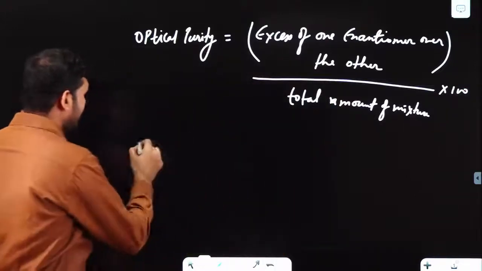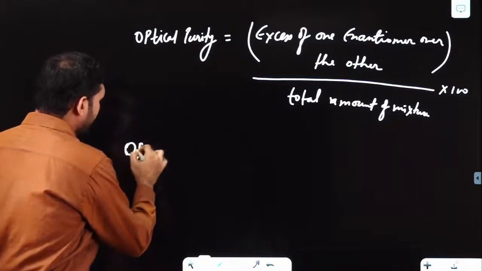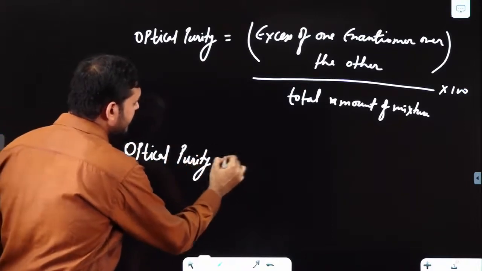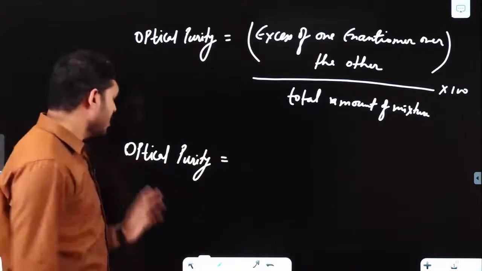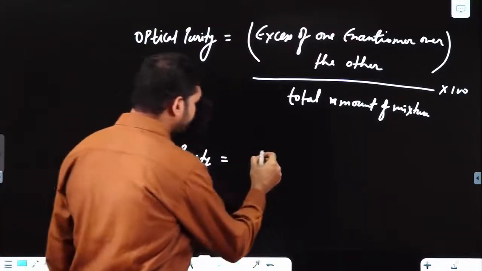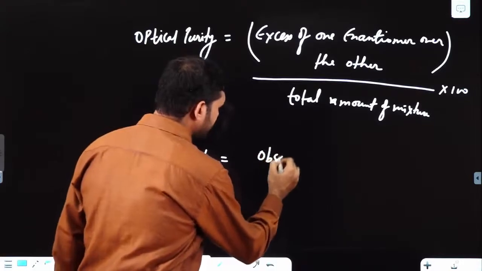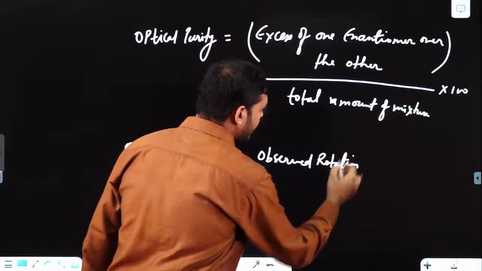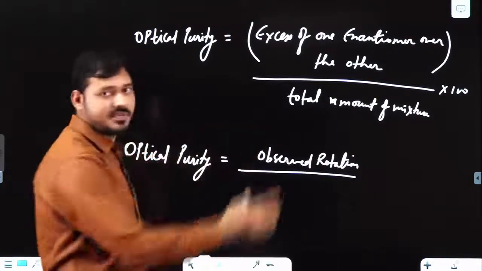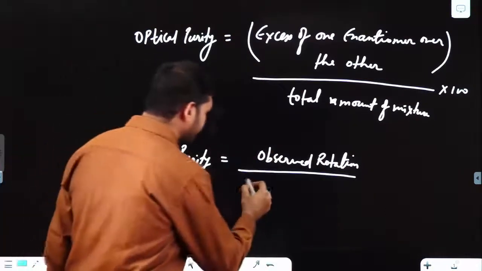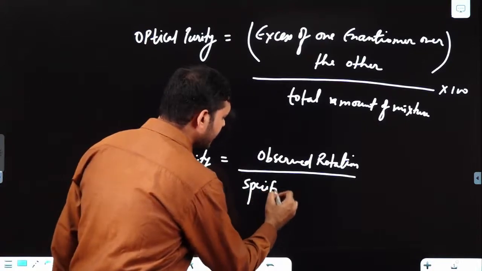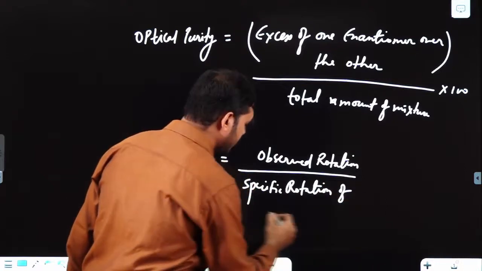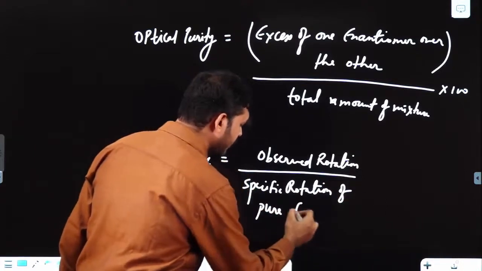Clear? Okay. One more case. If we say with respect to rotation, then sometimes it is used for calculations in numericals. Optical purity equals observed rotation upon the specific rotation of the pure form.